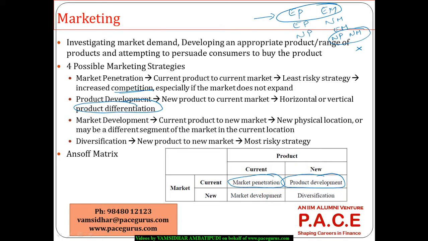I'm trying to bring in some kind of differentiation. Nowadays, we see a toothpaste ad that asks, does your toothpaste contain some salt in it? If I look at it till date, there are so many toothpastes that were developed, designed, and introduced to various markets, but never have they come out with the concept of salt in a toothpaste.